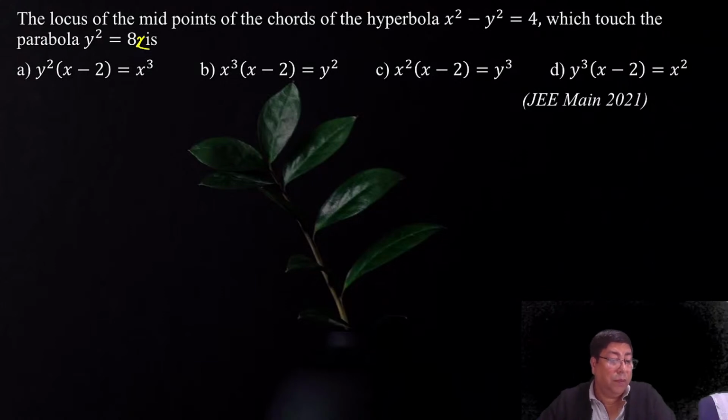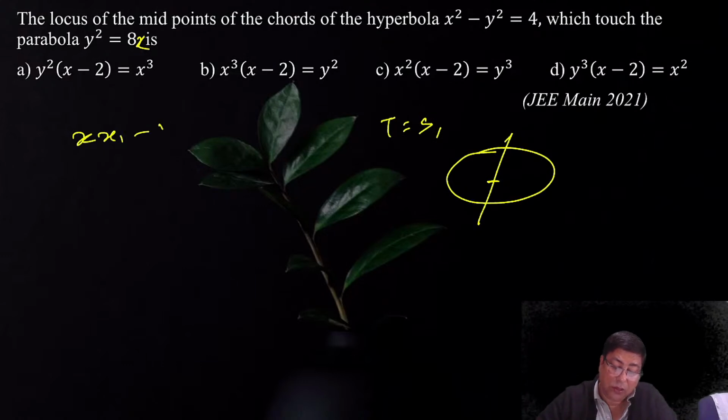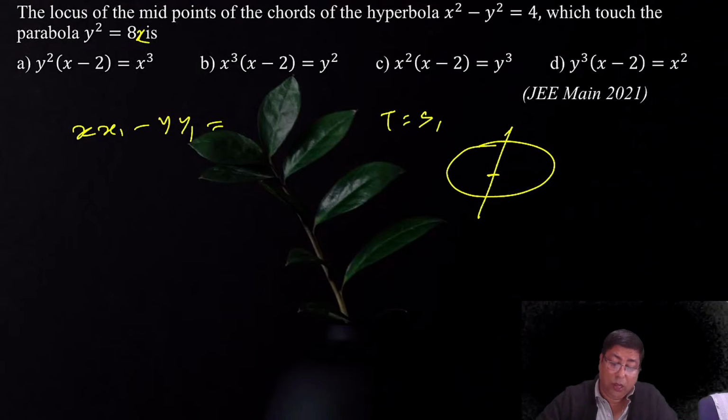So let us do one thing. The middle point chord of the hyperbola is obtained by the T equal to S1 method. So T equal to S1 is x1 x minus y1 y equal to x1 square minus y1 square.